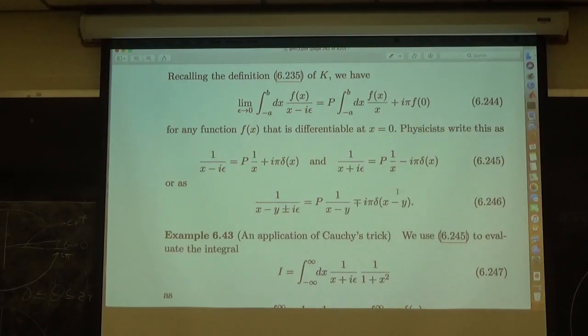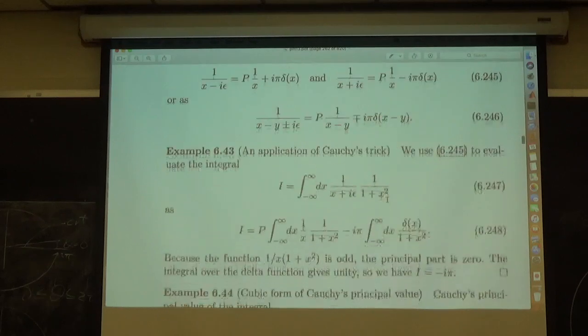So what one uses in physics departments all the time is 1 over x minus y plus or minus i epsilon is the principal value of 1 over x minus y, minus or plus i pi delta of x minus y. So there we see two great figures in mathematics coming together in one formula, Cauchy giving the principal value and Dirac giving the Dirac delta function. And it's something that we use all the time in physics.